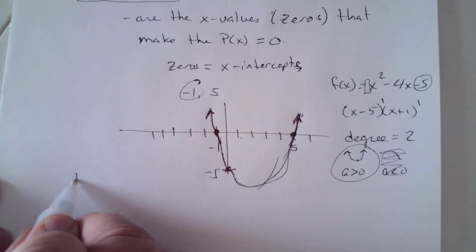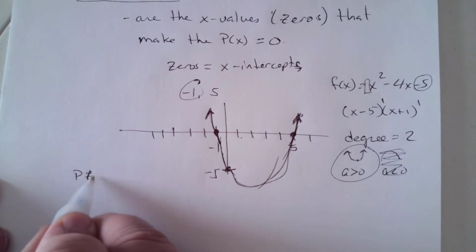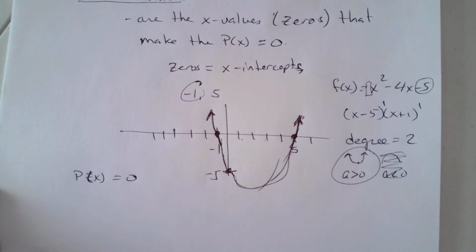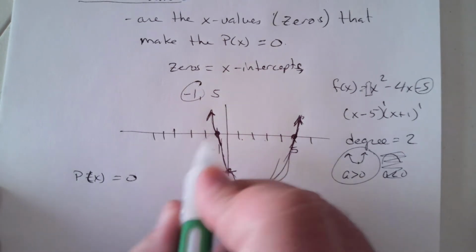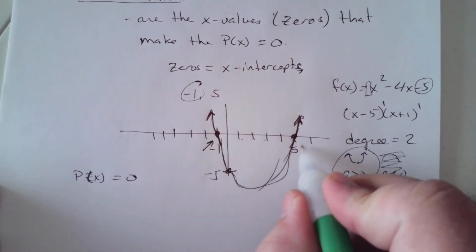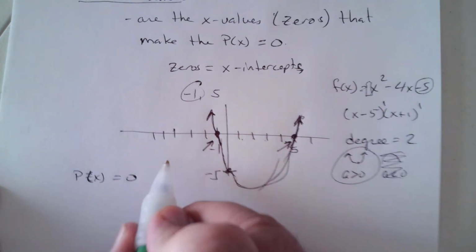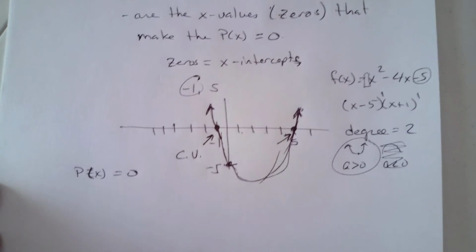So when we set a polynomial equal to 0 and we graph it, we have intervals. These are our critical values. We'll call them CVs.